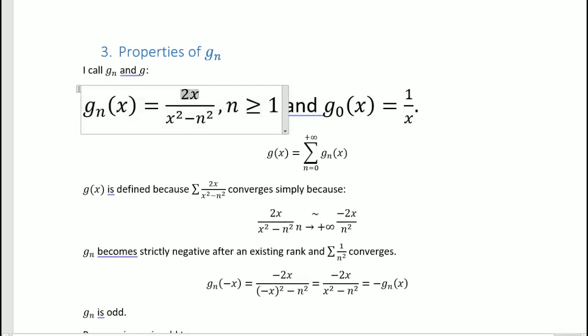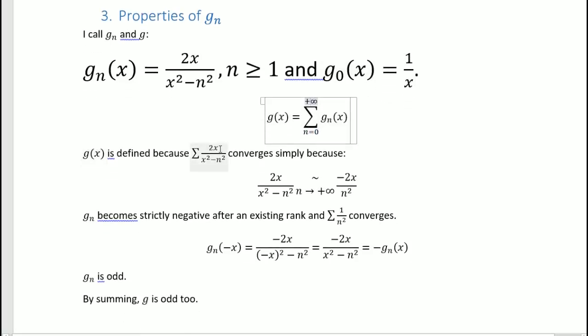So g n of x is 2x over x squared minus n squared for n superior or equal to 1. And g 0 is equal to 1 over x. So technically this could be defined for 0 with this, but it does not give the result that we want, so we're not using it. And g of x is just the sum of the g n from 0 to plus infinity.